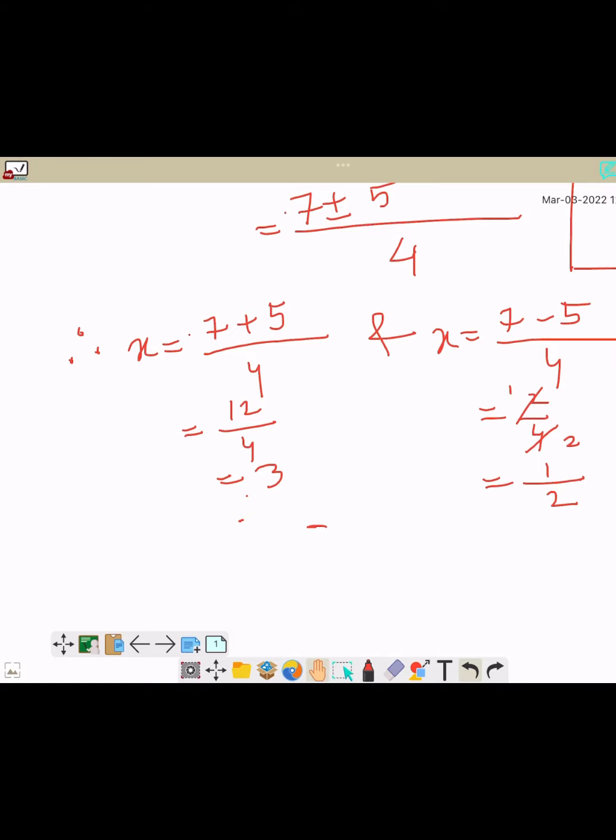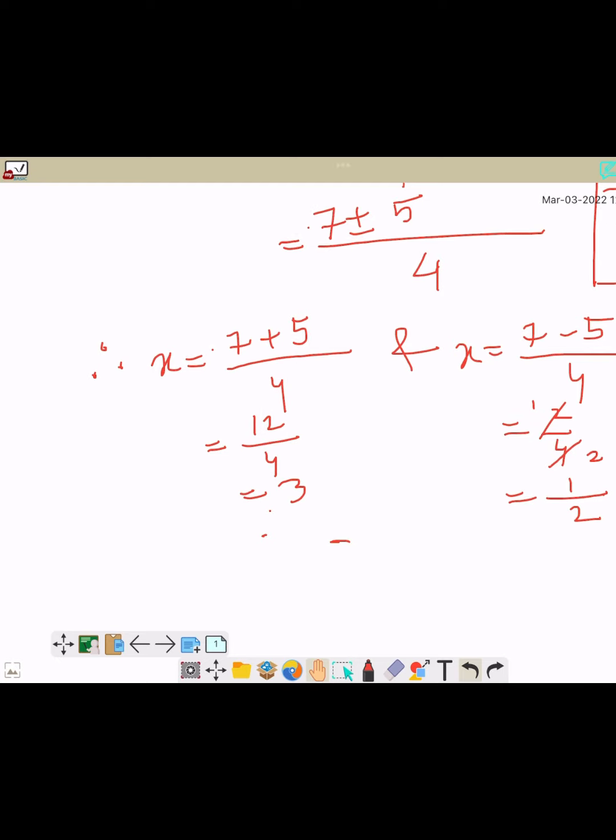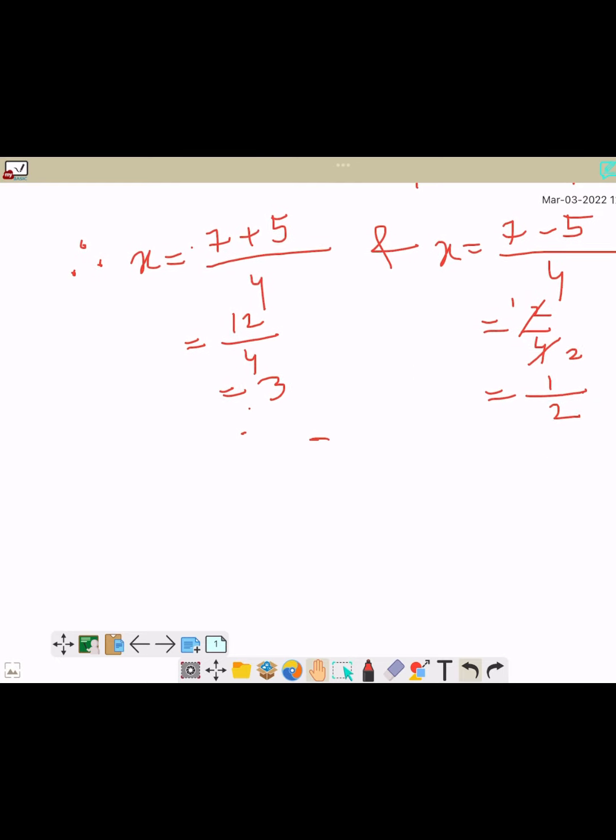The answer is x is equal to 3, and you can also write a comma, and then 1 by 2. So we have two solutions of x: one is 3 and another is 1 by 2.